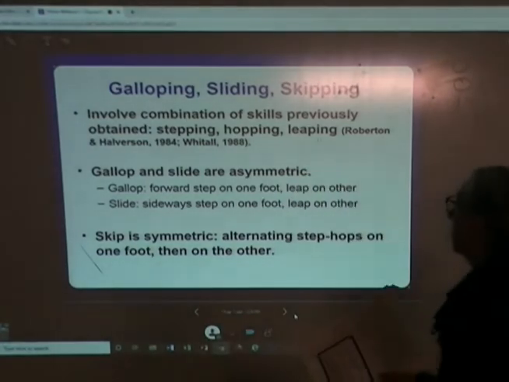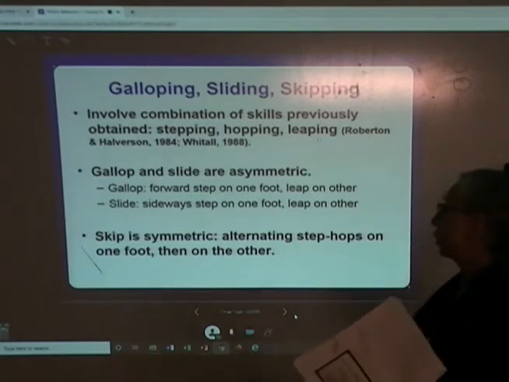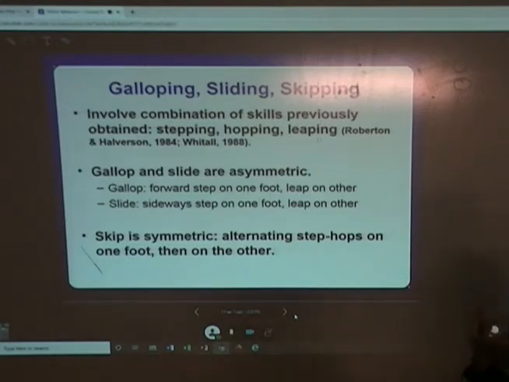Galloping and sliding are what we call asymmetric patterns because both legs do something different to create that movement pattern. Galloping, according to the research, comes first before sliding.